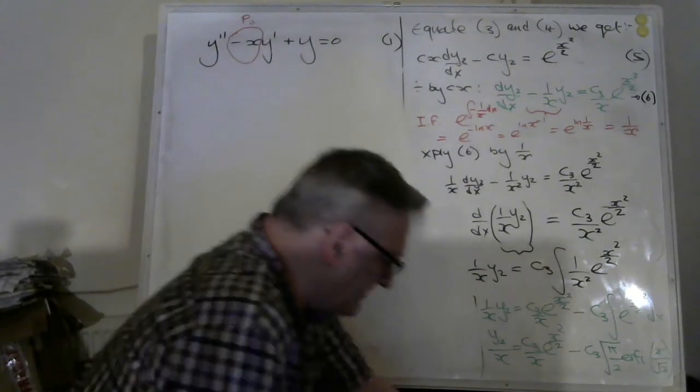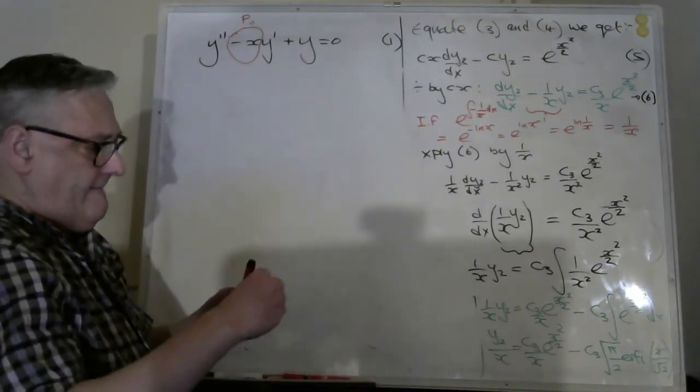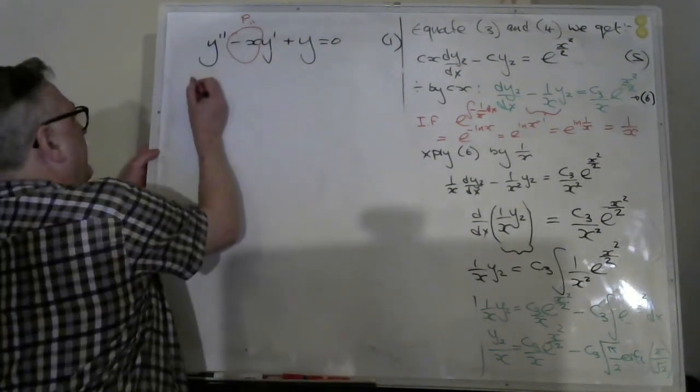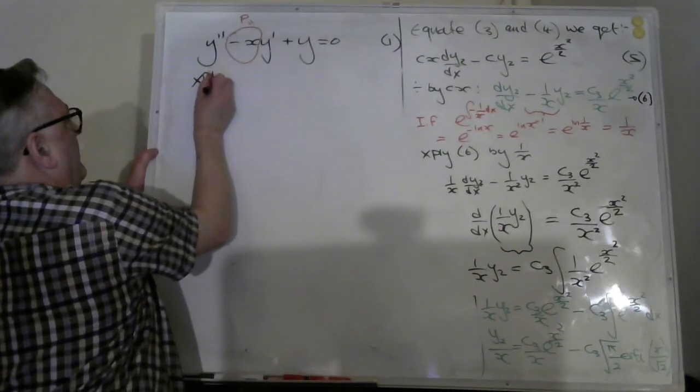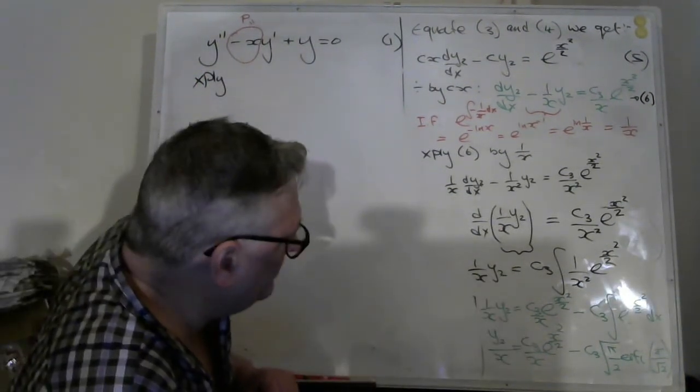I'll go back to using black pen now. So if we multiply, I can't fit an equation number onto that, but we could call it 7.